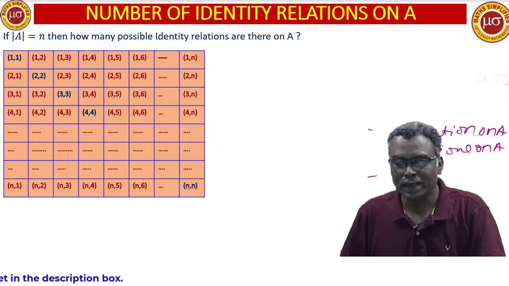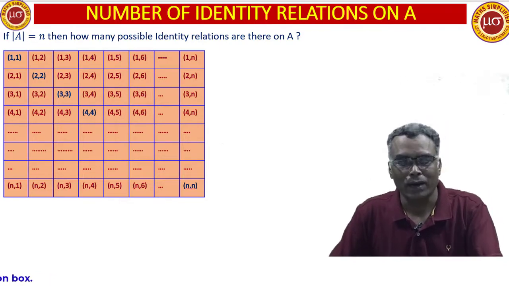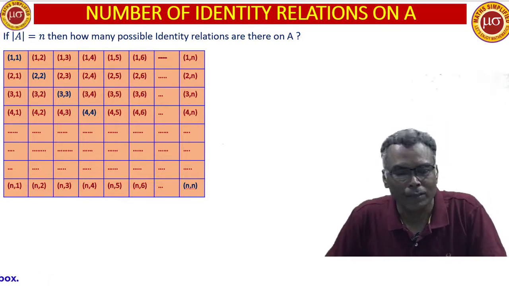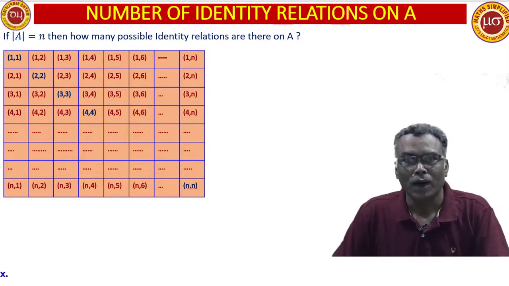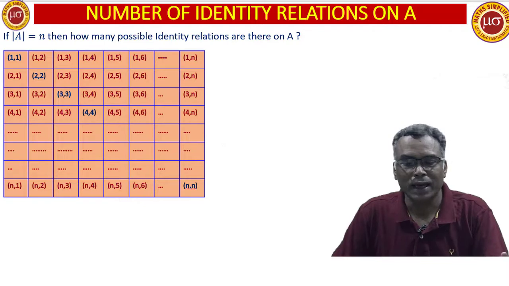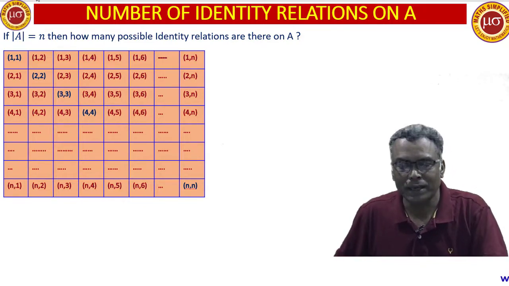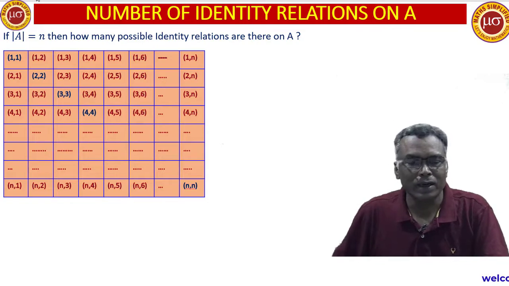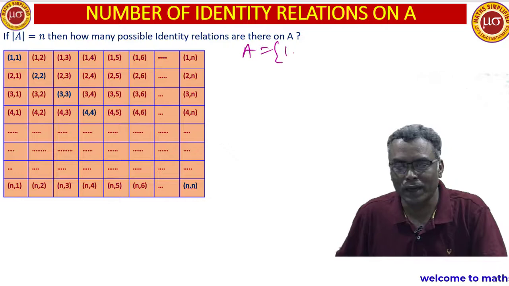We shall see the number of identity relations on A. Before going to the number of identity relations, we must know how many elements there are in A cross A. Let A be a finite set containing the elements 1, 2, 3 up to n.